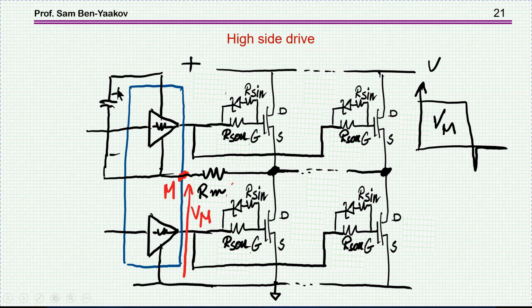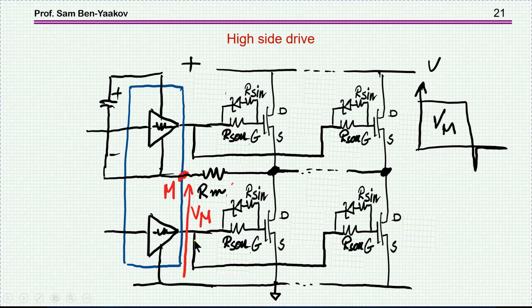Now there is another issue that I would like to point out, and that is in the case of a half bridge. Say you have a half bridge driver, and there is a midpoint between these transistors. I'm talking about the case of, say, high power, a number of transistors. As it turns out, due to leakages, I will find here a negative voltage, a negative spike during turn off.